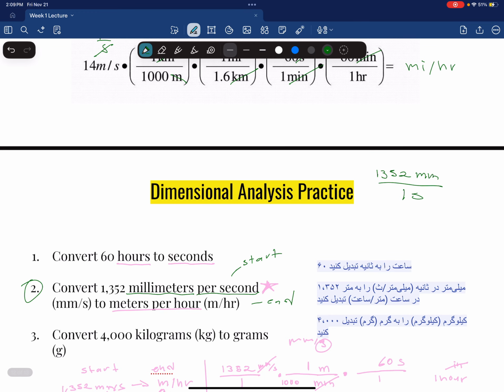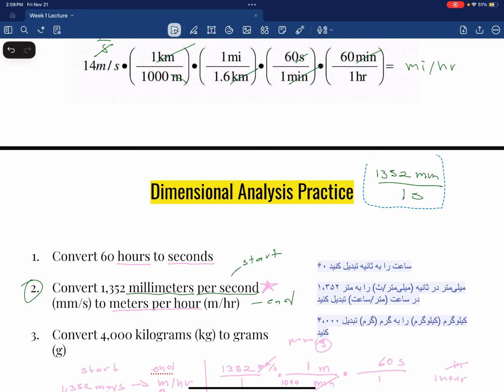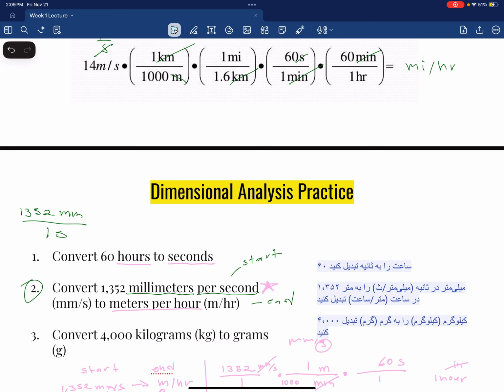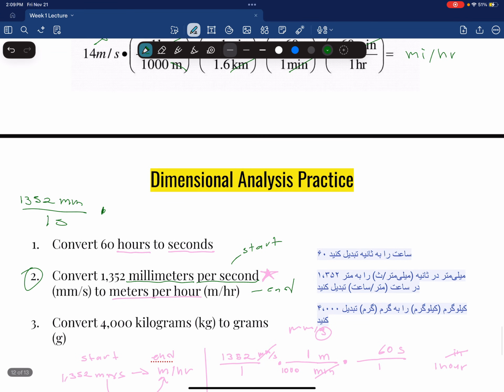Starting over here, you're going to multiply this. The first one that we're going to try to get rid of is the millimeter. So we're going to do: 1 meter equals how many millimeters?